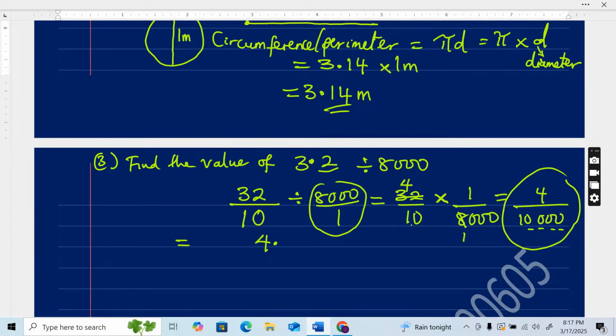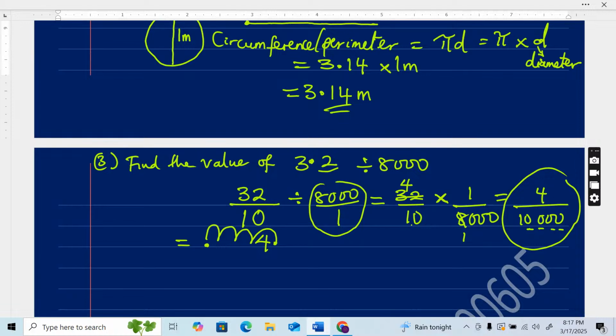Why are we counting 4 places? Because the denominator right here, which is 10,000, has 4 zeros. 1, 2, 3, and 4. Where we stop counting is where our decimal point will be.